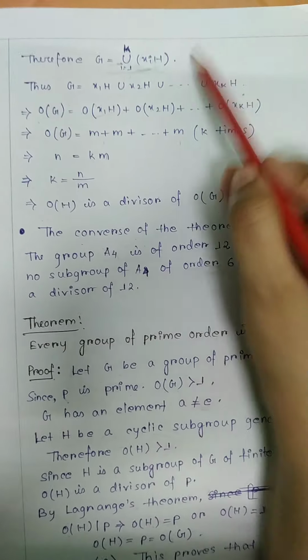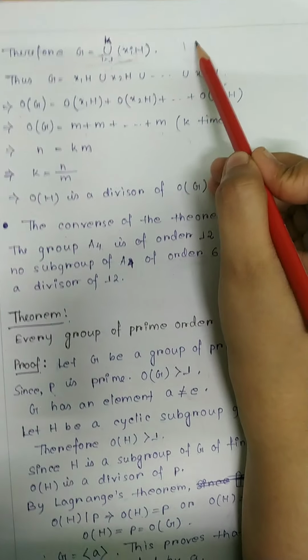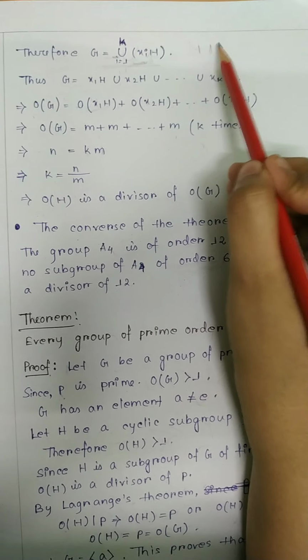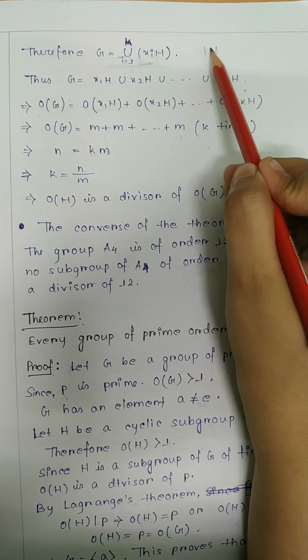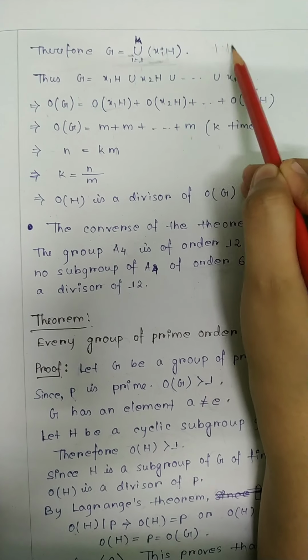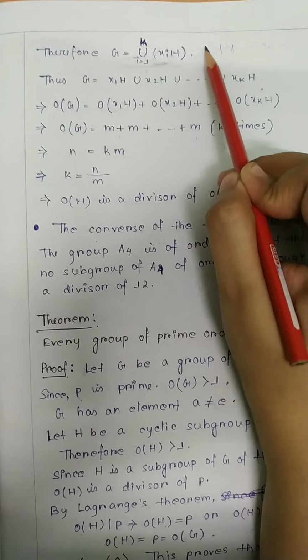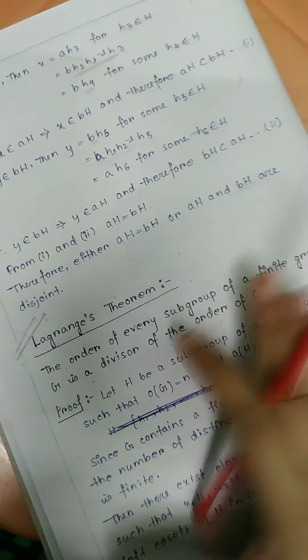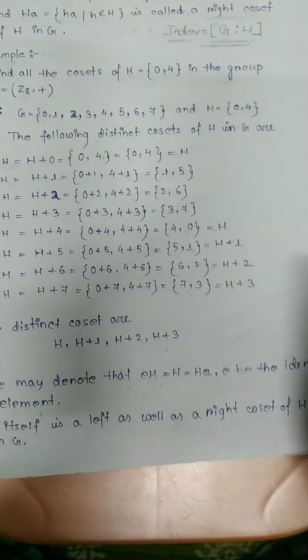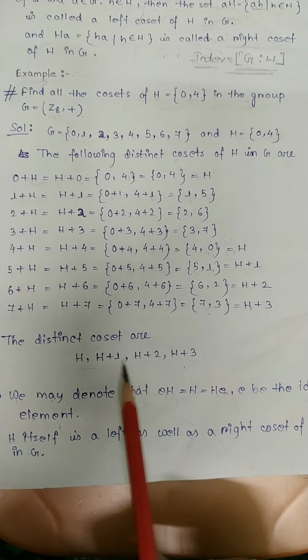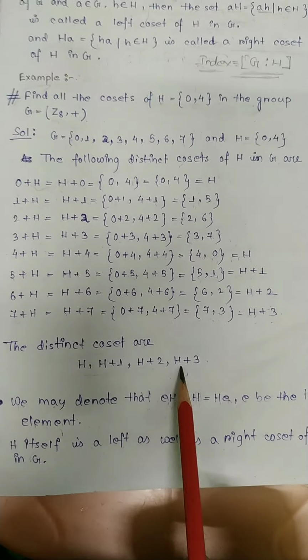This tells us that the union of the distinct left cosets of a group is the group itself. To show that, we can move to the example. Here the distinct cosets are H, H plus 1, H plus 2, H plus 3.